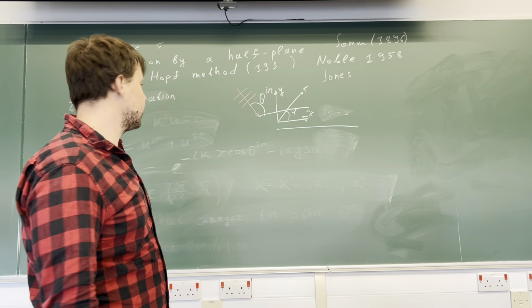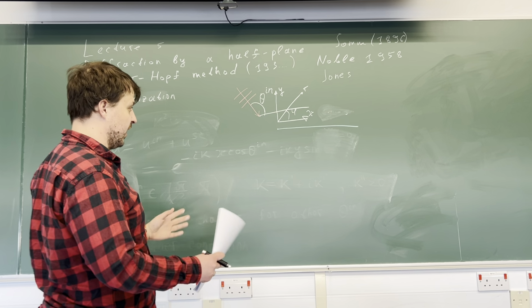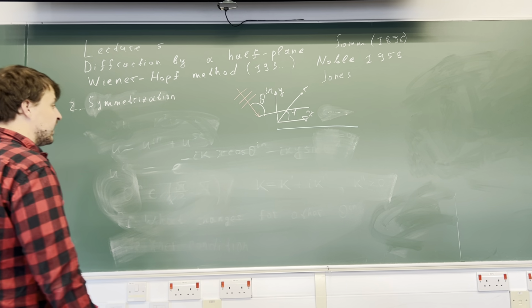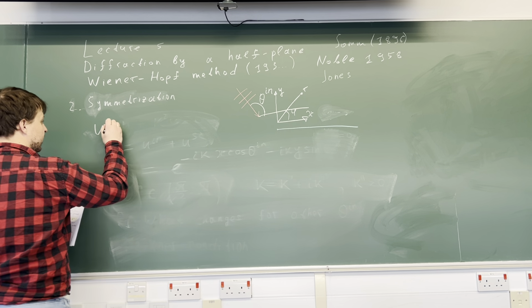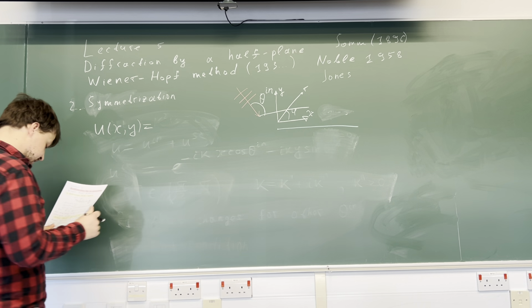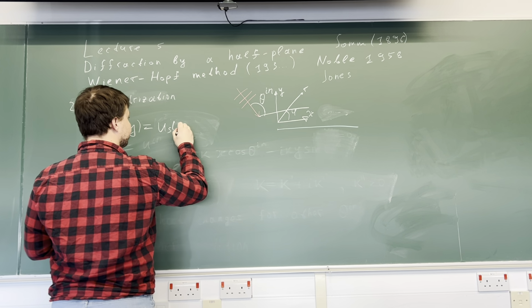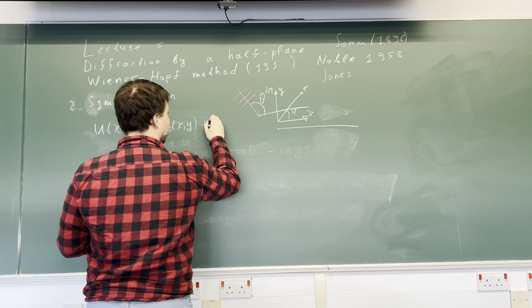Let's try to use this property to make our statement simpler. So right now I will just reformulate the problem in something which is slightly simpler. Let's present our field as a sum of a symmetrical part and an anti-symmetrical part.